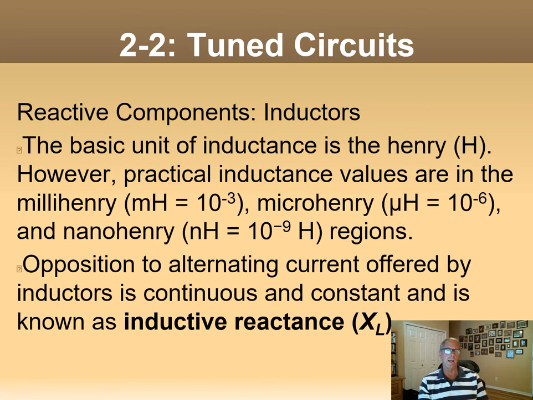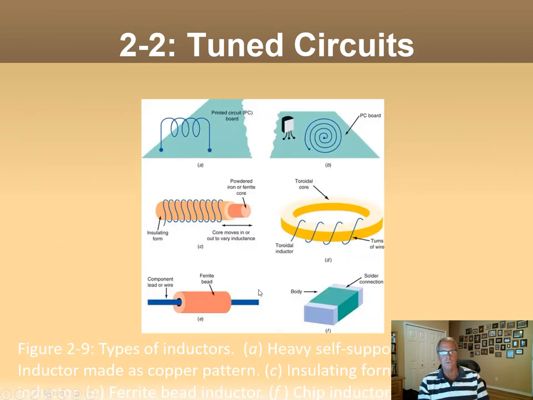A capacitor will have a low resistance at high frequencies. They're expressed in millihenries or microhenries or nanohenries. Capacitors, you probably know, are mostly microfarad. Most often we express those in microfarads. The inductive reactance, X sub L, is how we express the frequency-sensitive resistance of inductors.